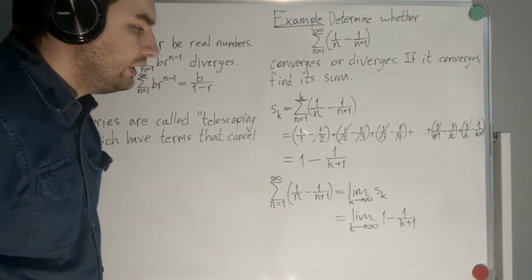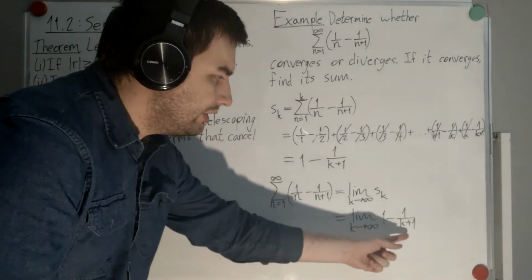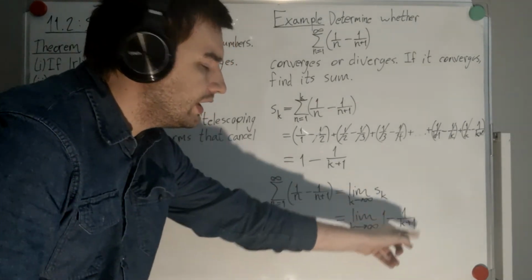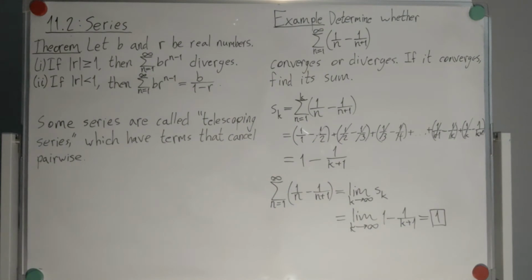Now as k approaches infinity, k plus 1 of course also approaches infinity. And then this denominator gets larger and larger, so this whole fraction shrinks. And so what we get here is that this sum is in fact 1. Okay?